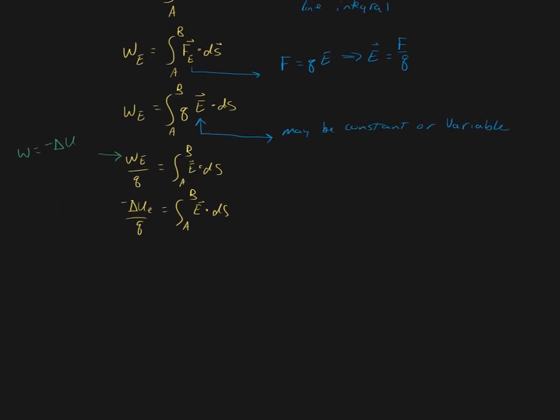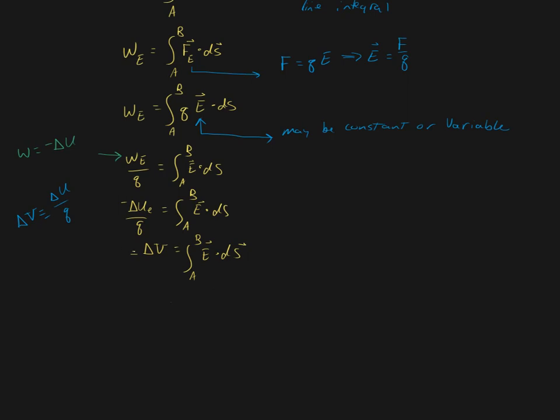We can rewrite this negative delta UE over Q using our definition for potential. So delta V was defined as delta U over Q. And so because this is negative, we get a negative delta V is equal to the integral from a to b of E dot ds.